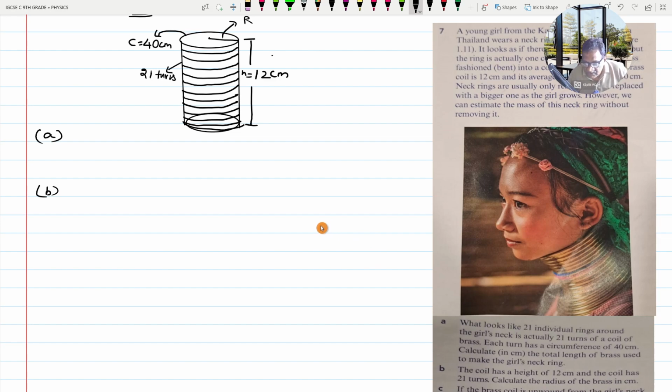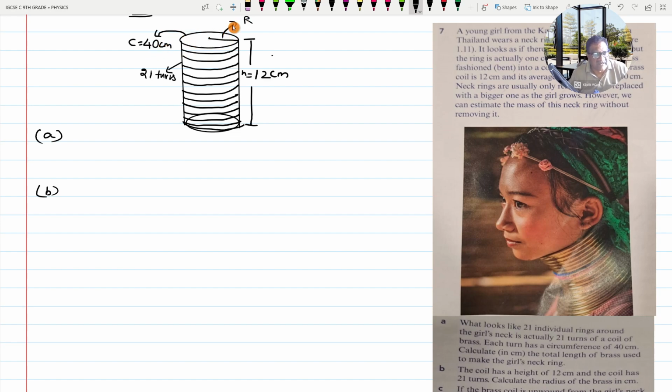So it's a spiral of brass metal. The total height of this brass coil is 12 centimeters, as I've indicated here, and its average circumference is 40 centimeters.